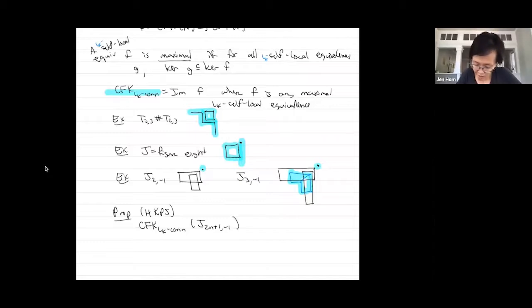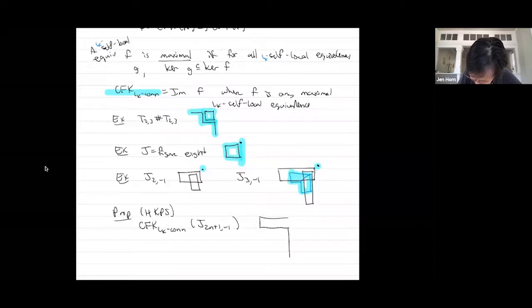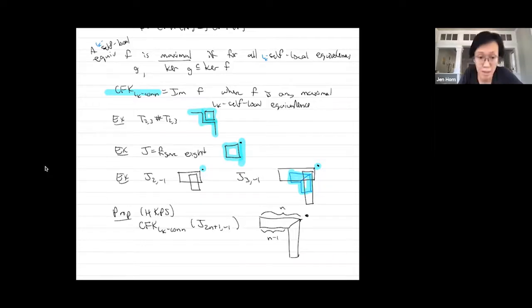What do they look like? There's a generalization of this picture here. There's this upside-down L-shaped piece, where this length here is n, this length here is n minus 1, and then we have this. So the iota K connected complex of these odd cables of the figure 8 looks like this.